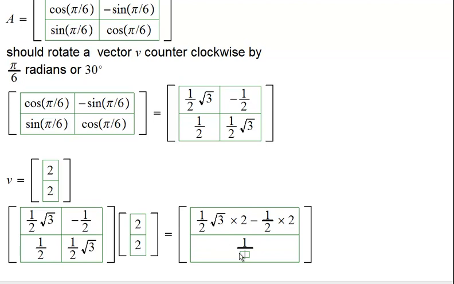So we have 1/2 times 2, plus 1/2 square root of 3 times 2.